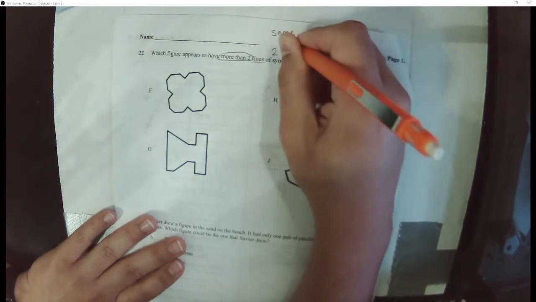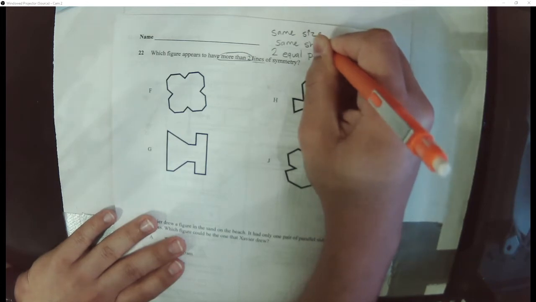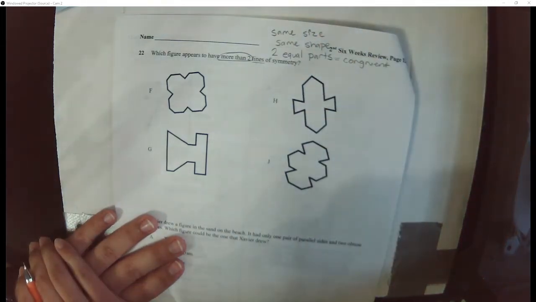Same size, same shape. So if I have a line of symmetry, that means that when I draw that line on both sides, not just one side, but on both sides, I'll have the same size, the same shape. I will have two equal parts.